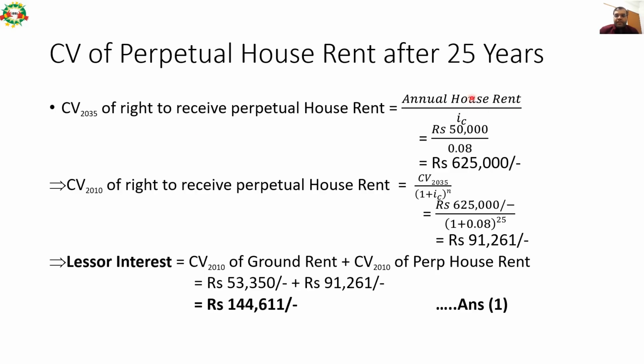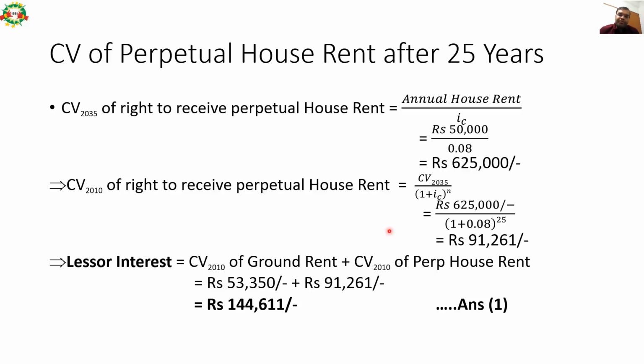So IC, which is the capitalization rate, is given as 8%. So the capitalization value of the perpetual rent from the property as of 2035 will be equal to annual house rent divided by IC, which is ₹50,000 divided by 0.08. It gives 6.25 lakh. So this capitalized value is as of 2035.